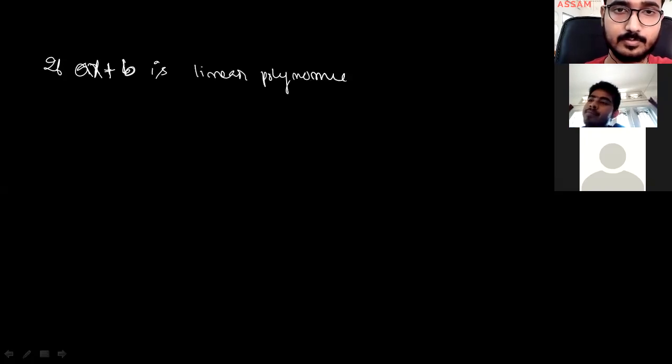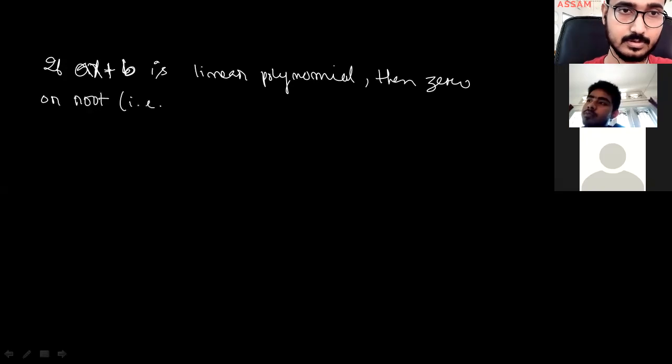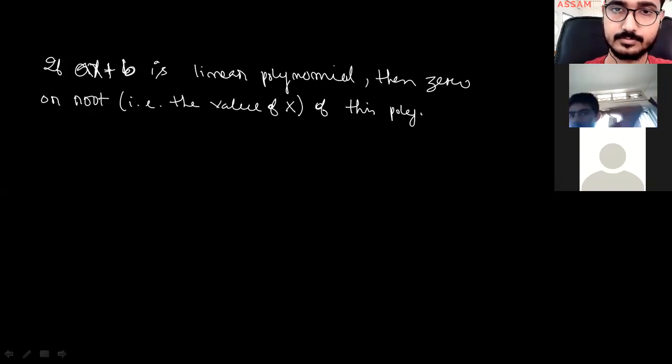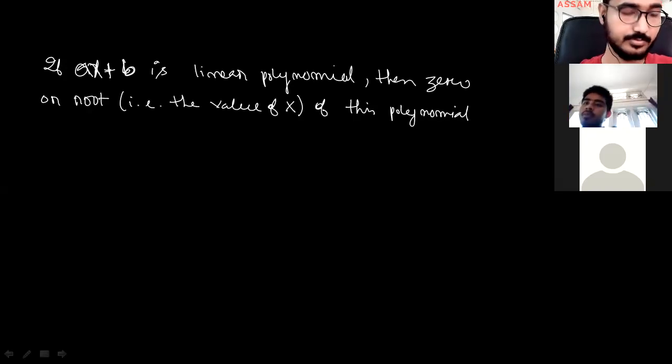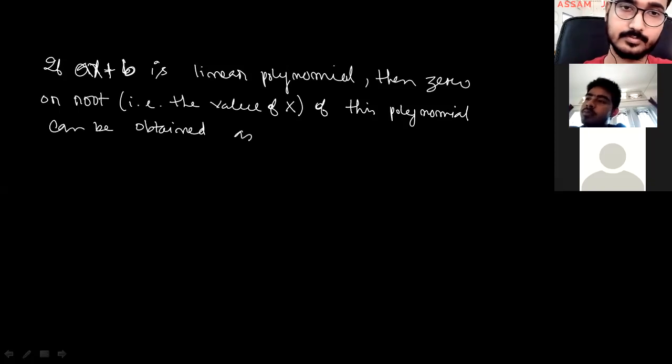So write down: if ax plus b is a linear polynomial, then the 0 or root, that is the value of x of this polynomial, can be obtained as follows.